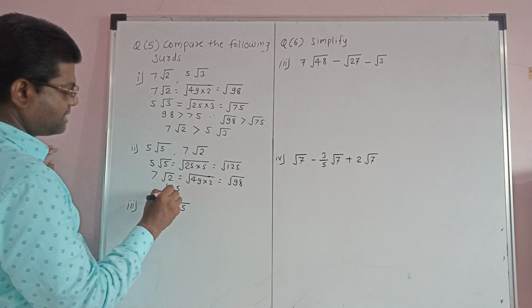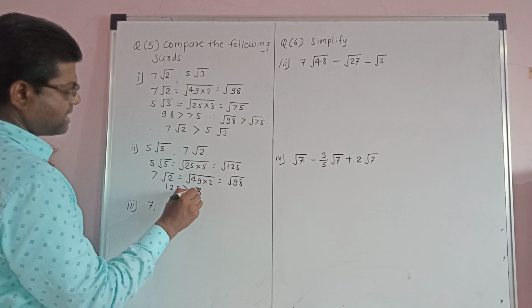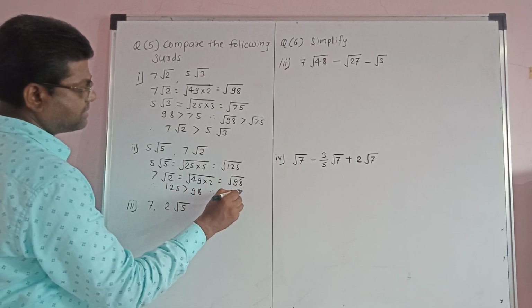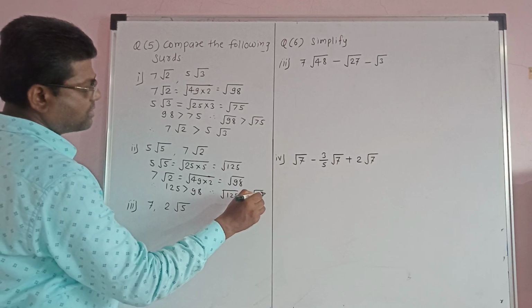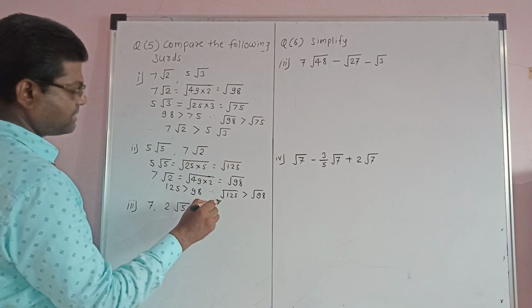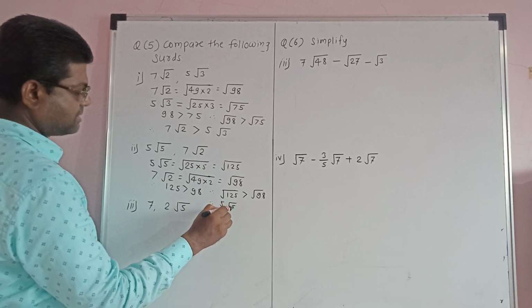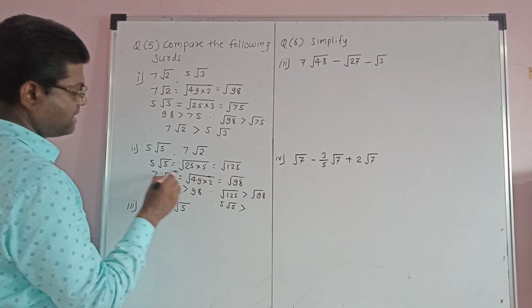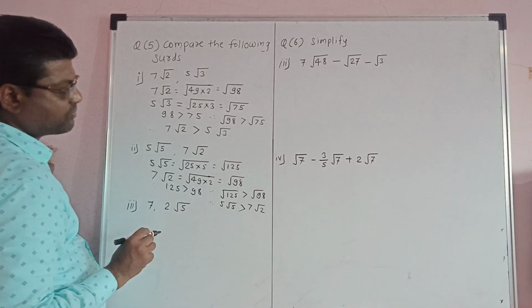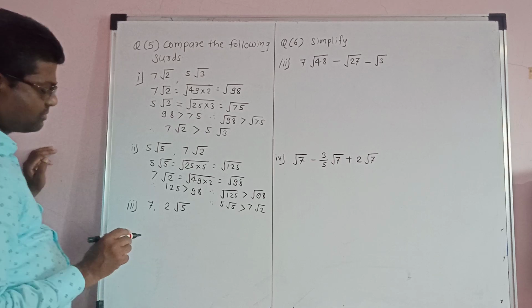Now 125 is greater than 98. Therefore square root of 125 is greater than square root of 98. Therefore 5 root 5 is greater than 7 root 2.